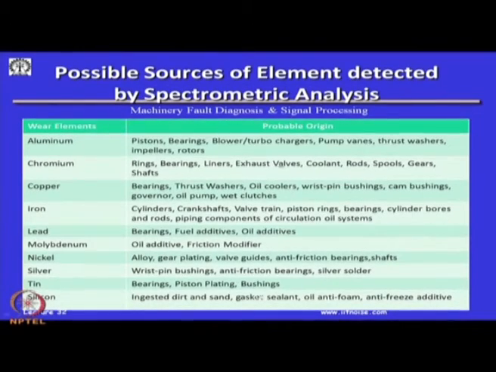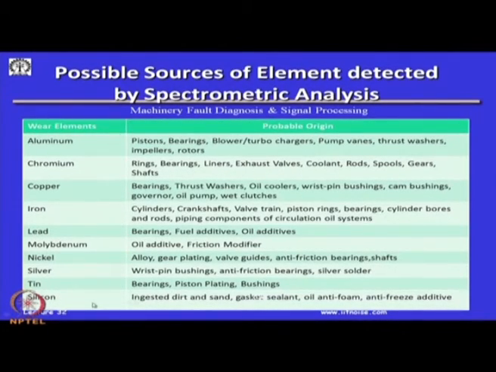And of course, we need to know, in the engineering applications of machines, what the typical wear elements are, from aluminum to silicon, and what their probable origin is. For example, if I see a lot of aluminum, I know these are the possible sources wherein aluminum is there. If I see chromium, these are the possible sources, could be the exhaust valves, etc., or shafts.